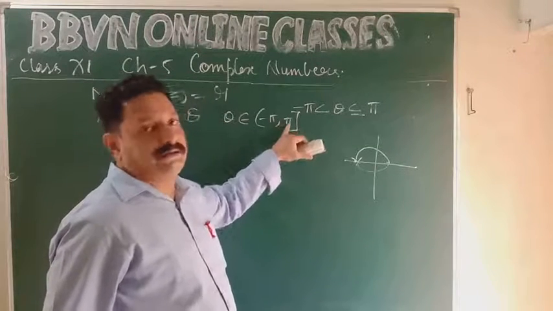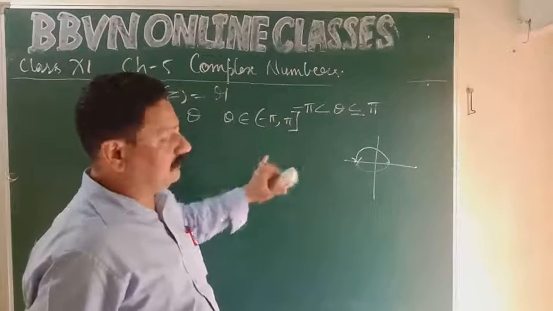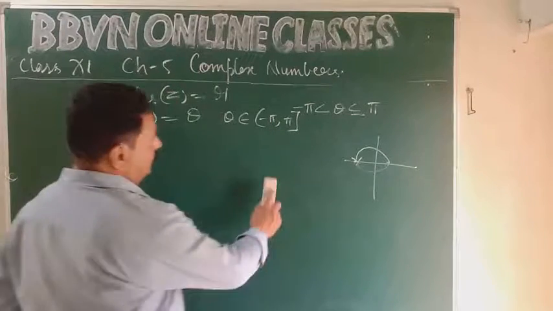So pi is included, minus pi is not included. So this is about argument of z.